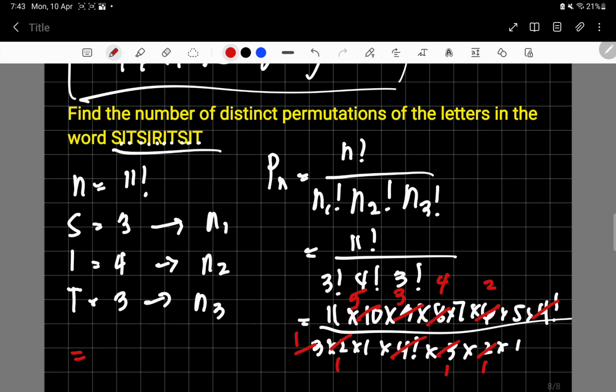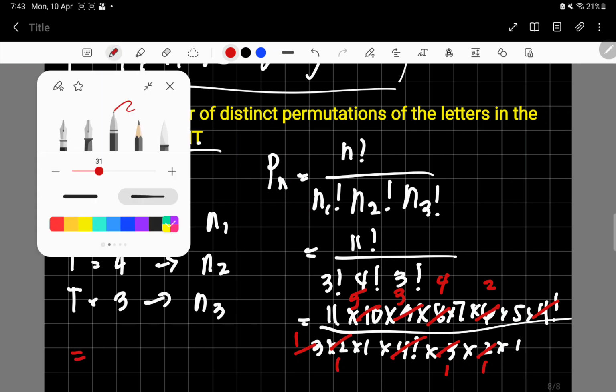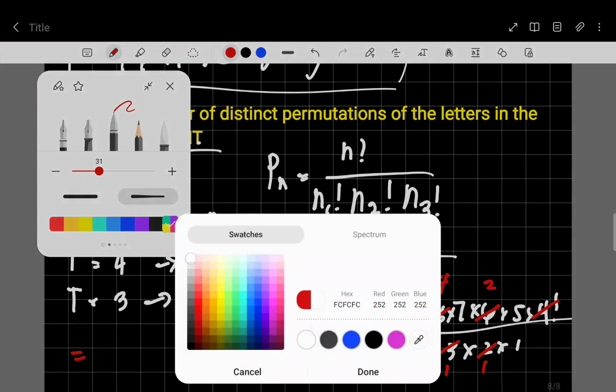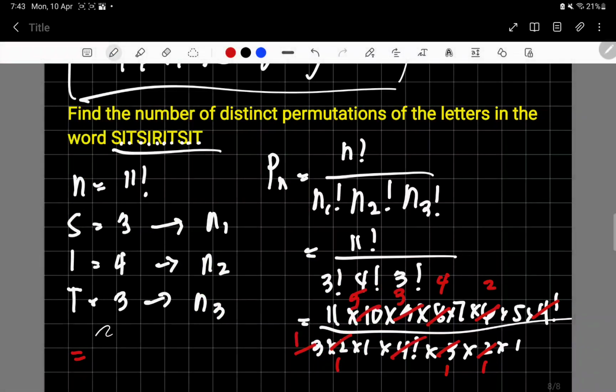Okay, so, ang gagawin lang natin dyan, simplify na lang natin yung numerator natin. So, we have 11 times 5 times 3 times 4 times 7 times 2 and times 5. Meron pa ba? I think wala na.